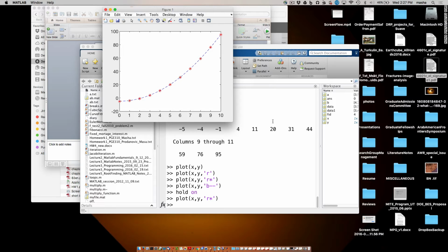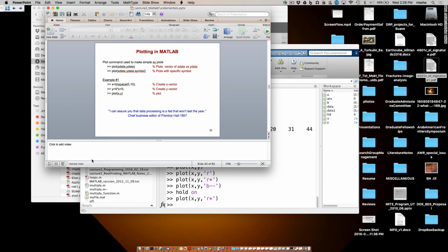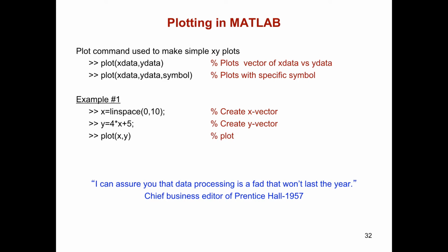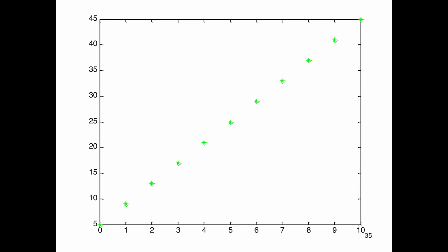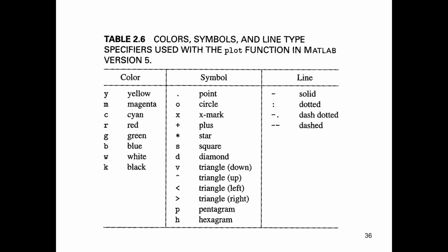So B is blue. Y is yellow. These are the pre-coded colors: yellow, magenta, cyan, red, green, blue, white, and black.